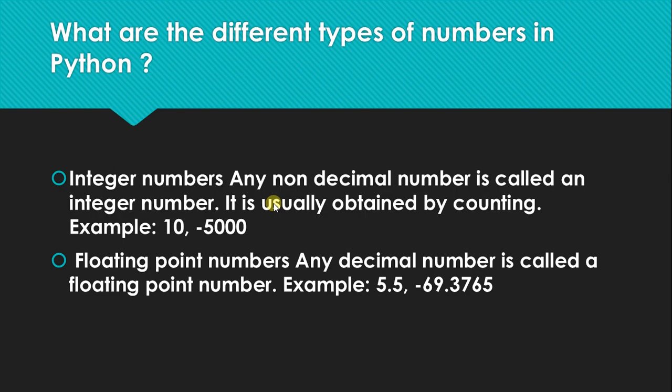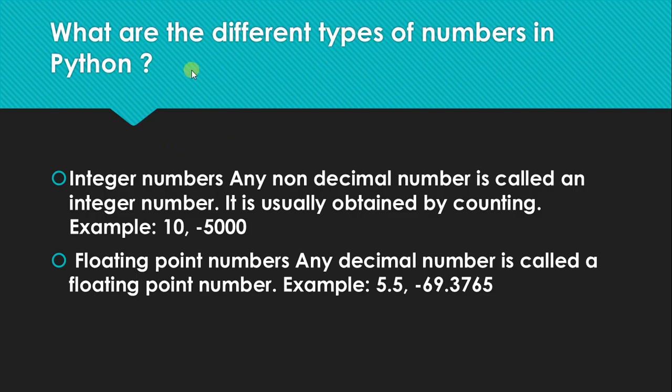Other times you say whole numbers or counting numbers. Whole numbers in this case, because counting numbers exclude zero. So all whole numbers are what we call integers. Whole numbers in mathematics are what we call integers in Python.